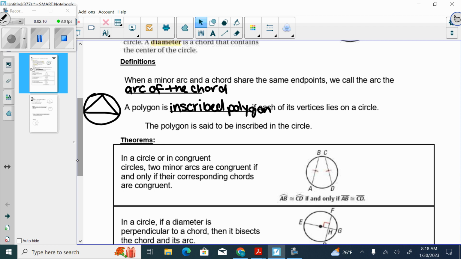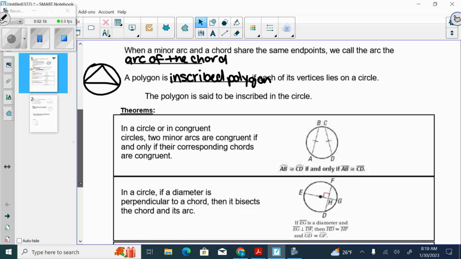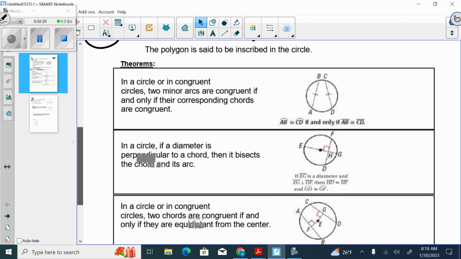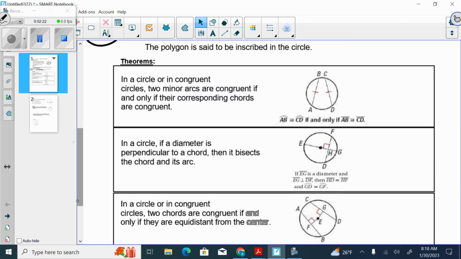All right, so here are our 3 theorems for today. Remember, from now on, once we know what these 3 rules are, we can mark these on any of our circles. The first one says, in a circle, or if you have 2 congruent circles, 2 minor arcs are congruent if and only if their corresponding chords are congruent.